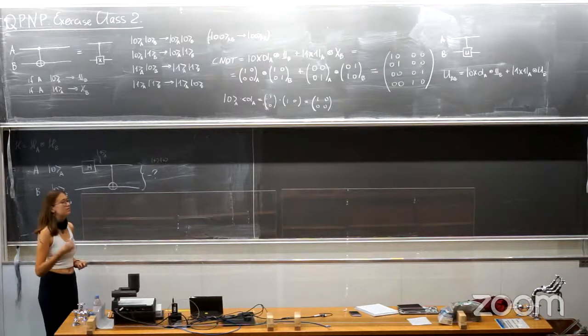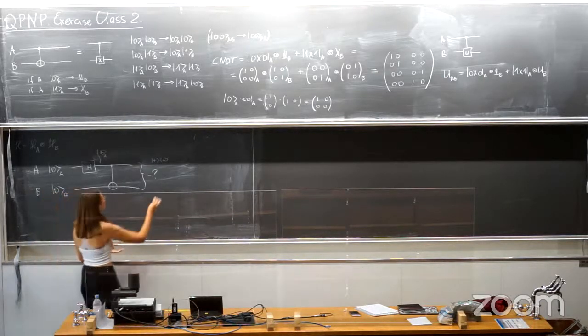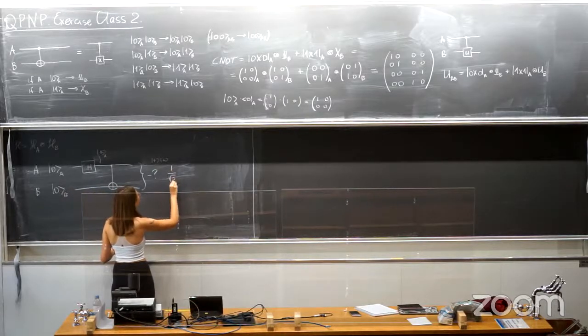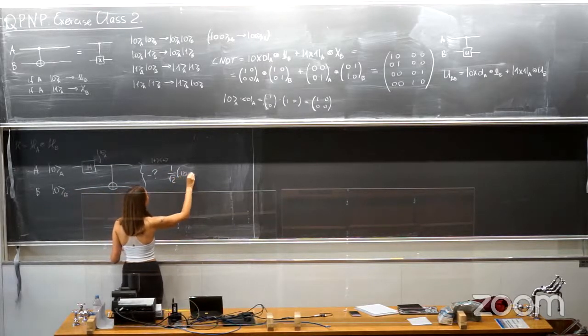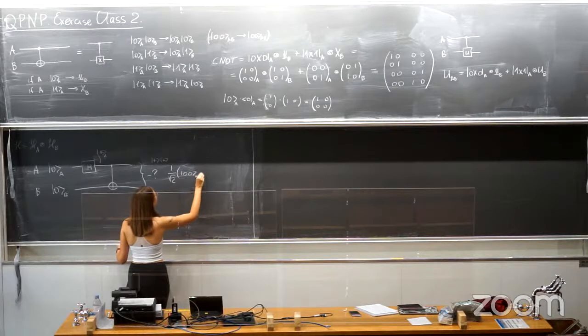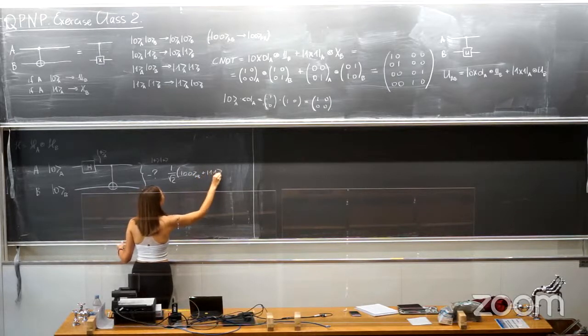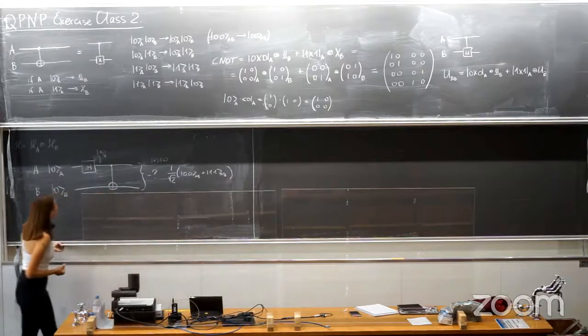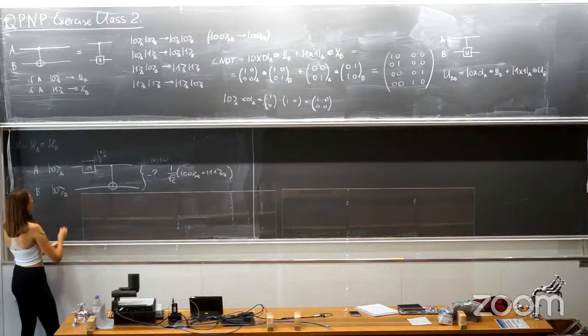Yes, that's the correct answer. With the normalization factor, of course, it would be 0, 0 on AB plus 1, 1 on AB. So what is the easy way to see this? First we apply the Hadamard gate. We have the initial state 0A, 0B.